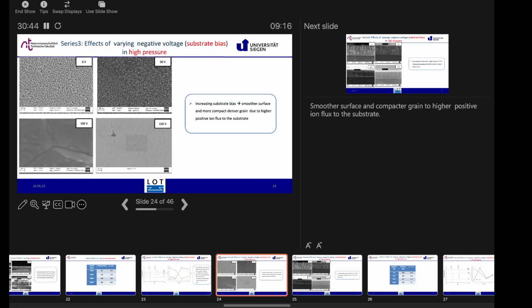It depends on the grain reflection, maybe the direction of the grain, like 1, 0, 2, or another orientation. This is a very small area, and it may show some influence of the substrate structure.